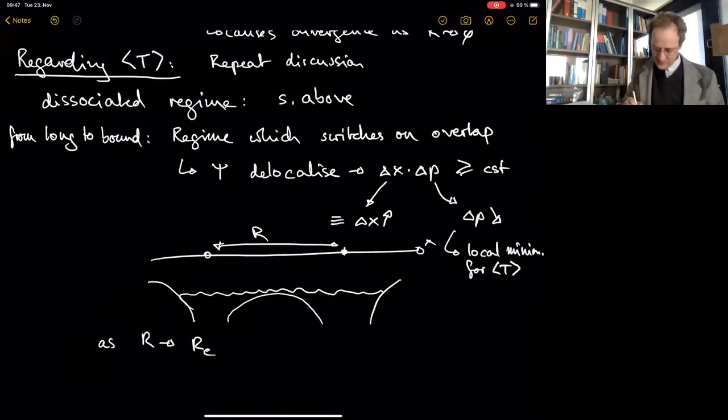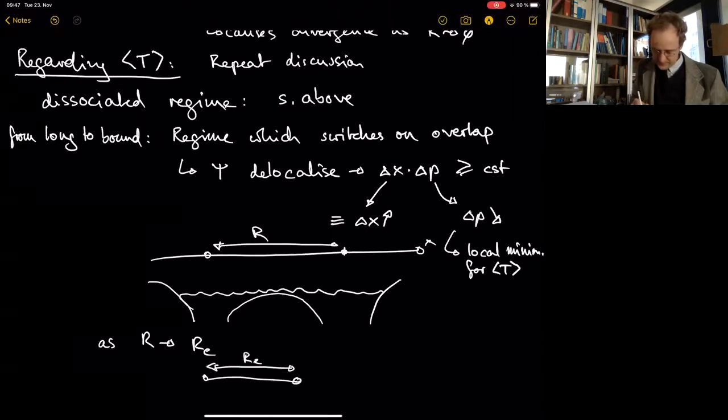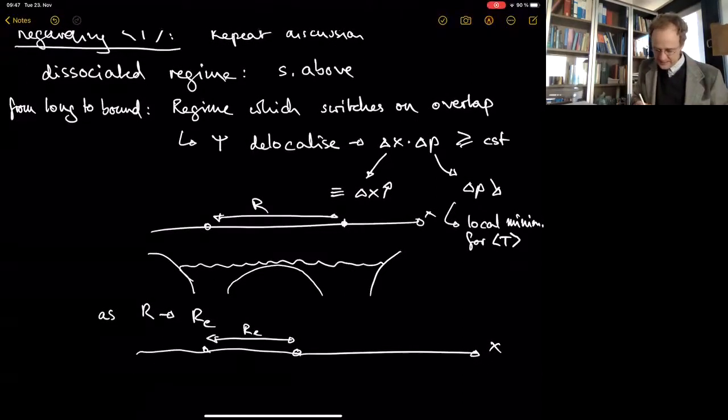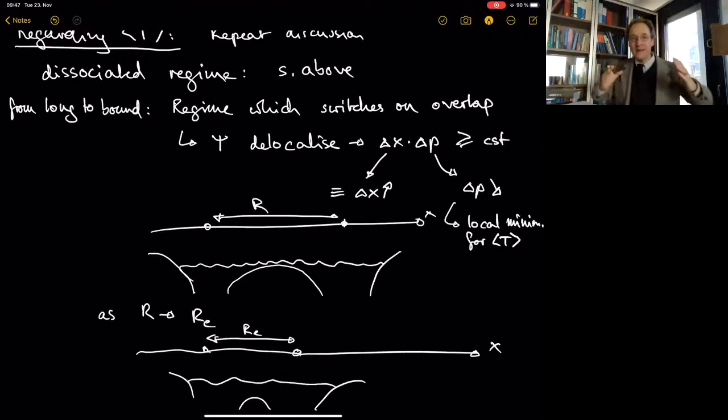Then again, so this is Re. Then again, you now have good overlap, but the curvature, remember the shape of the electron density, the curvature has to account for the two nuclei, and so that results in your T growing rapidly again, right?